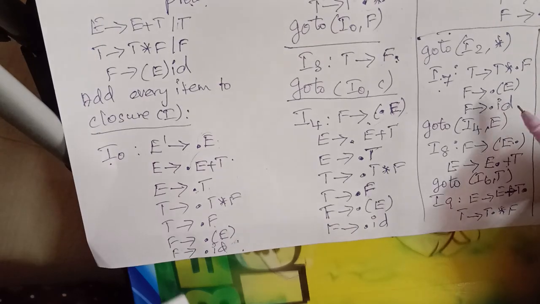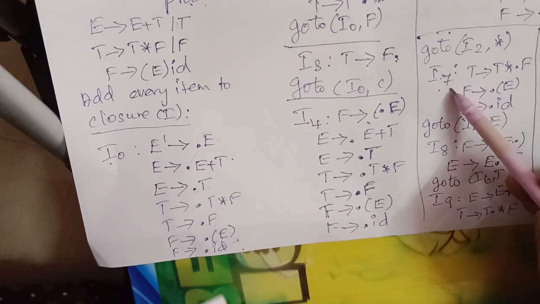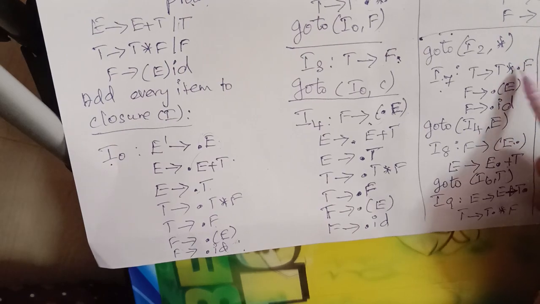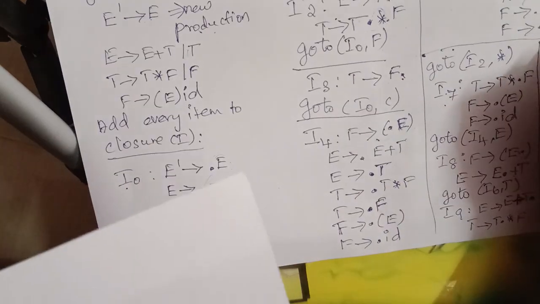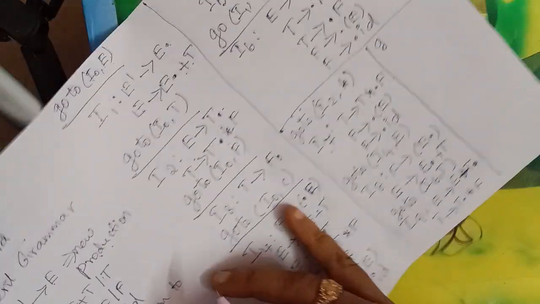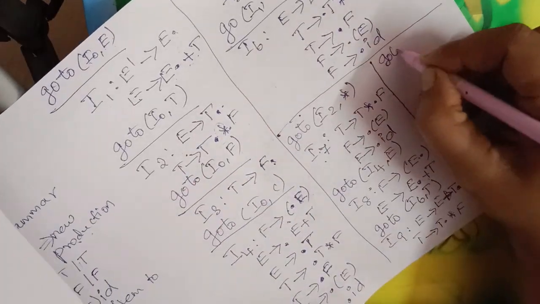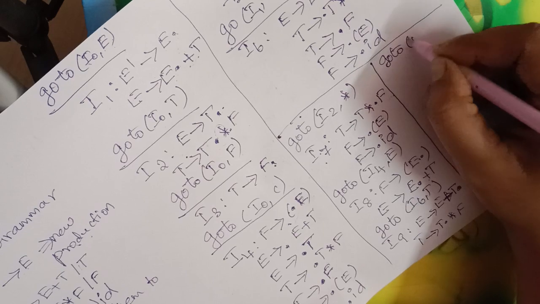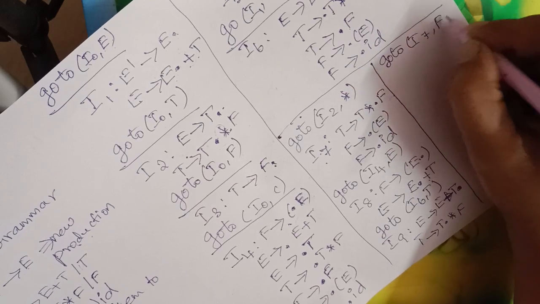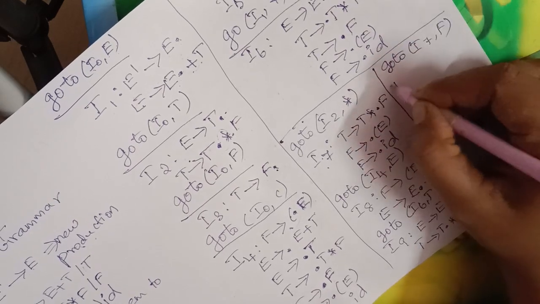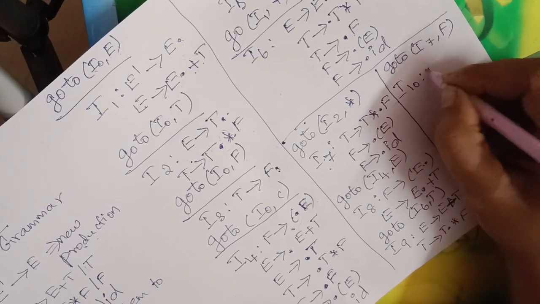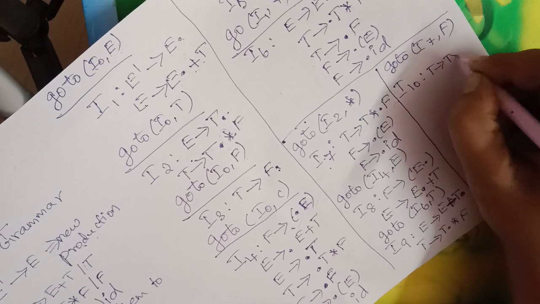Finally, we have I7, where you can move this dot here. So goto I7 comma F, and we'll get a new item I10: T tends to T star F dot.